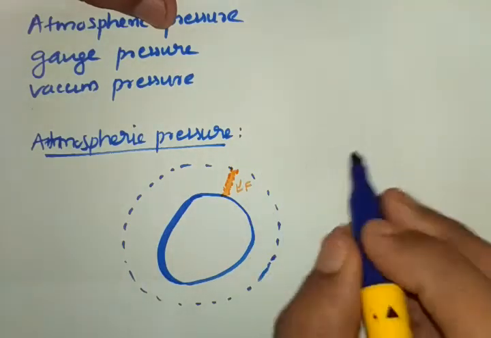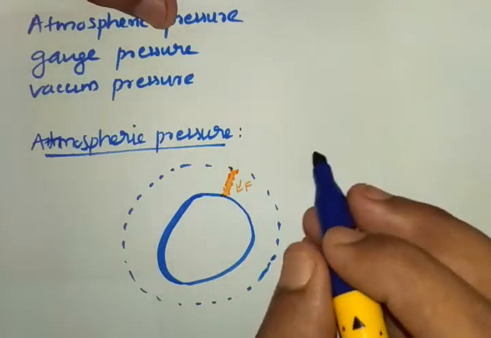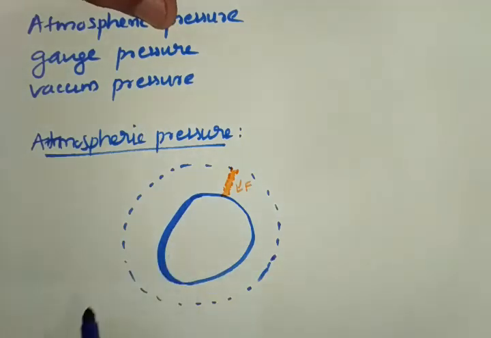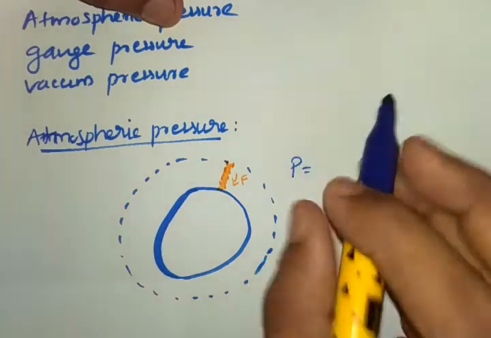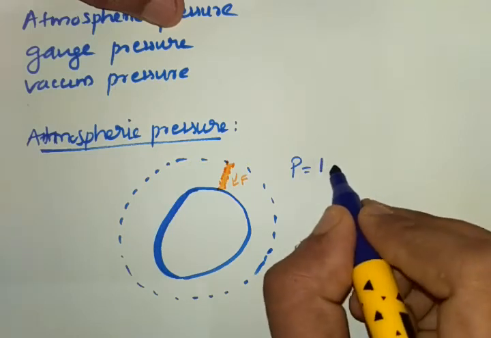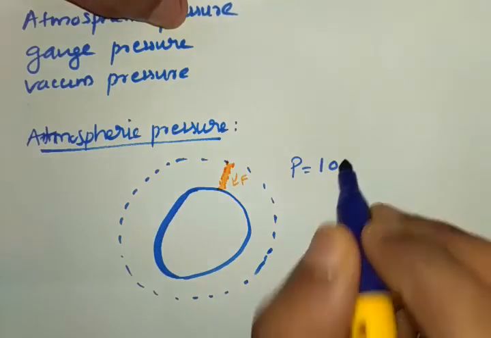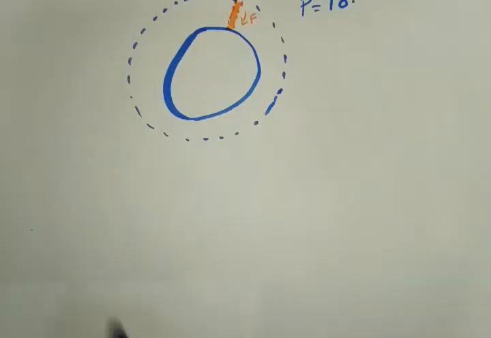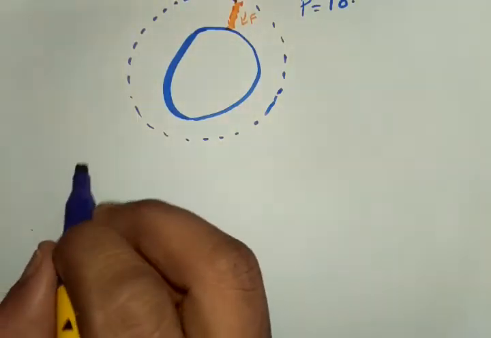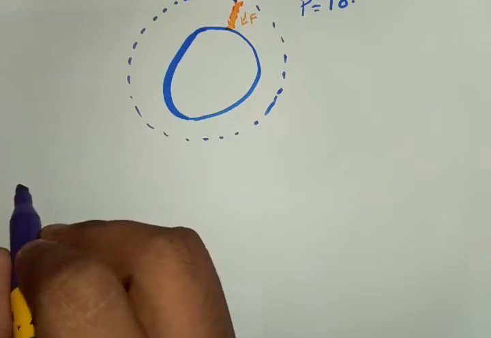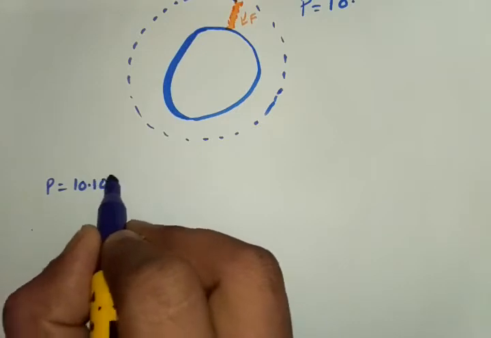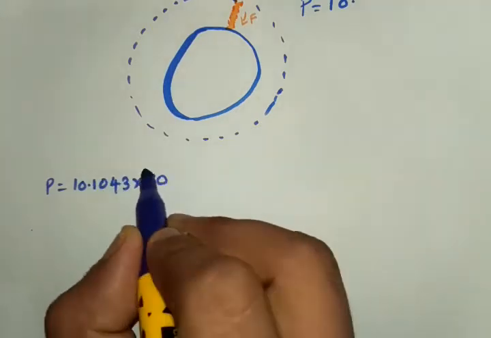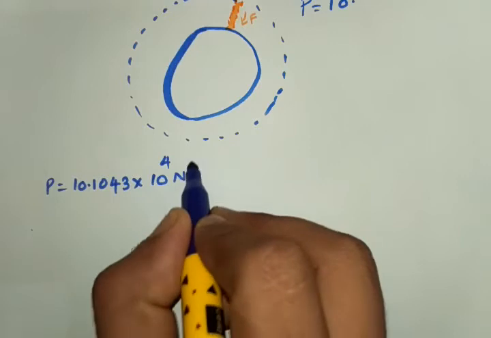Generally at the mean sea level in normal condition, the value of the standard atmospheric pressure is equal to 10.1043 into 10 raised to 4 Newton per meter square.